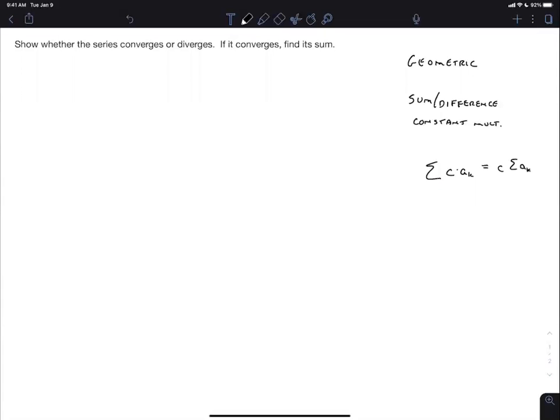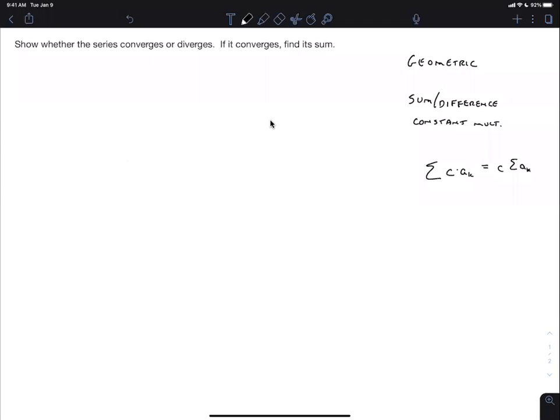Zero is kind of a weird example, since it would make the whole sum 0, and that would make it converge. But aside from that, any constant can be pulled out.